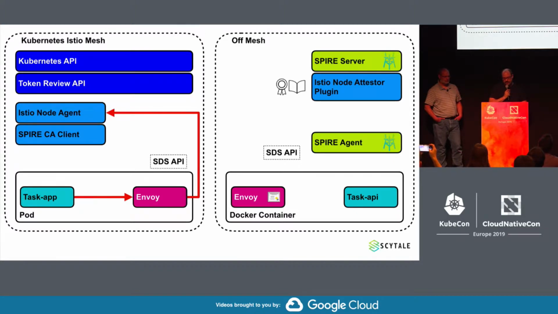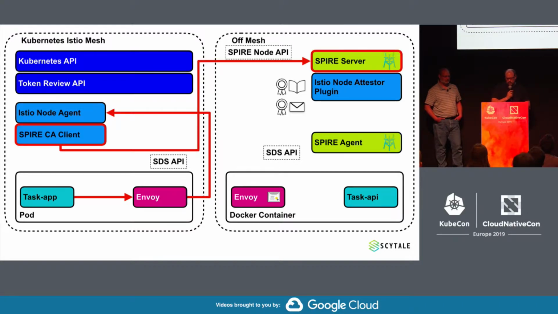So what happens is that the Envoy tries to get his SVID, and I kind of skipped over it, but the task API is already attested to the Spire agent. It's already gotten its identity, and that's been delivered to the Envoy running in the Docker container.